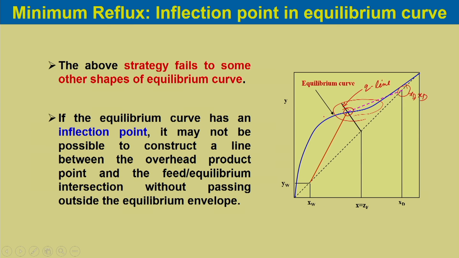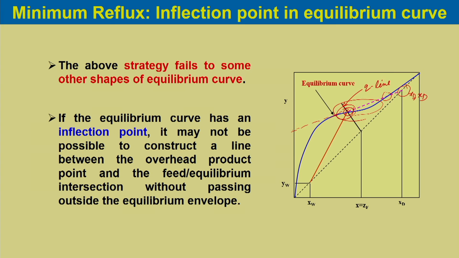Now, if we join this XD with this pinch point, you would see that it crosses the equilibrium curve at this location and then again intercepts at this point.